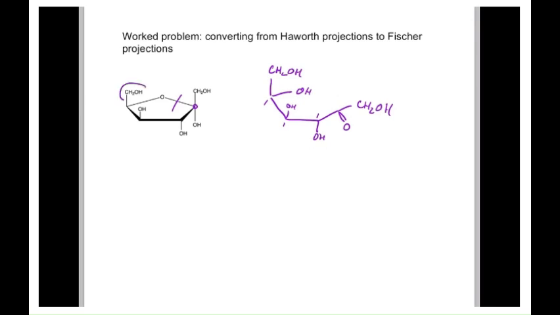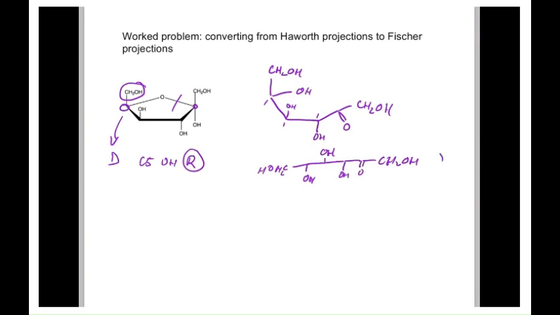Now, again, because carbon 6 is pointing up, that tells us the stereochemistry at carbon 5 is a D sugar, and therefore the C5 hydroxyl should be on the right in our Fischer projection. So basically if we line this up, there's carbon 2, carbon 3, carbon 4, and then carbon 5 is going to end up with its hydroxyl pointing down.